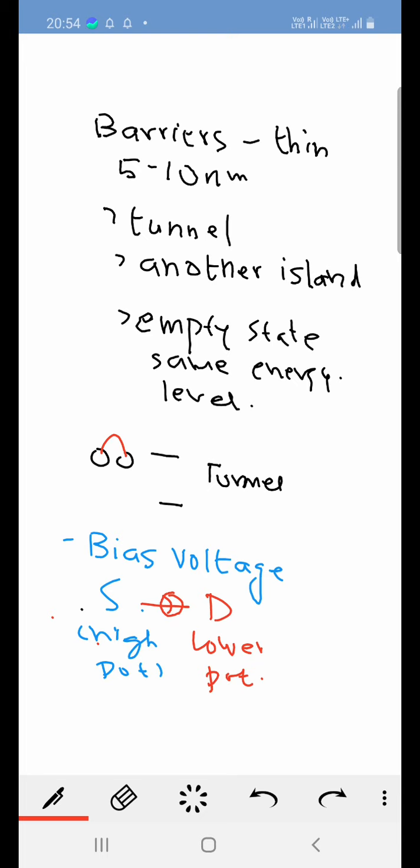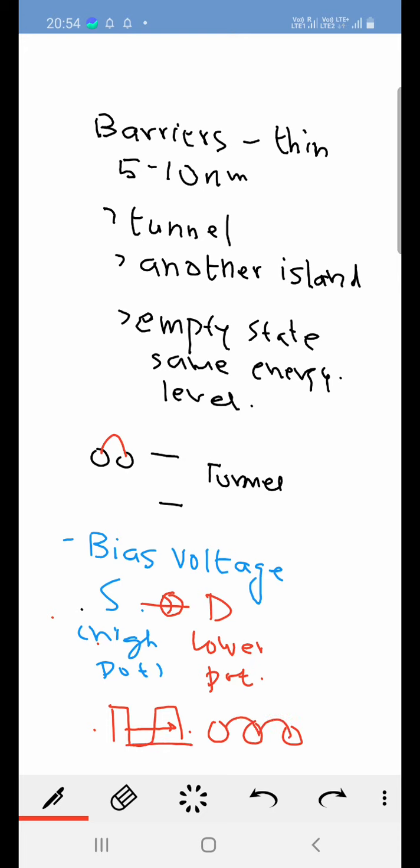Now, the only way for the electrons to do this is to tunnel on and off the island region through the two high potential barriers. So there are two barriers. The only way electrons can go from the source to the drain is by tunneling through the island in between.